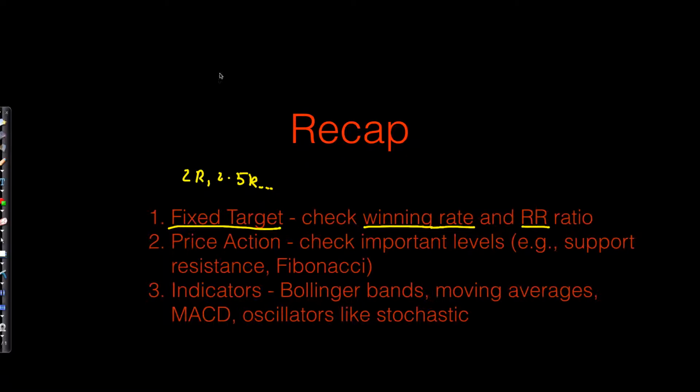Remember the curve I showed you, right? So you have the reward to risk and the winning rate. And remember how to see if you are profitable. You need to compute the expectancy. That is the winning rate times the reward to risk minus 1 minus the winning rate times 1.